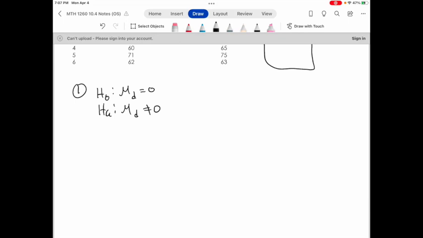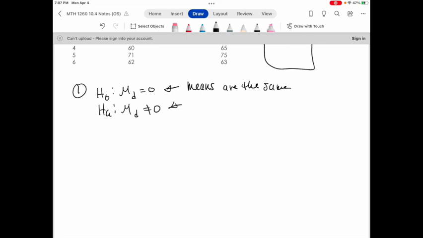Now, if the means were the same, when I subtract them, I get 0. So the null hypothesis is suggesting that the means are the same. If the means are different, then when I subtract them, the subtraction is not going to be 0.